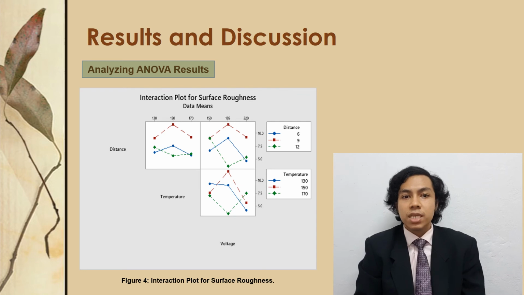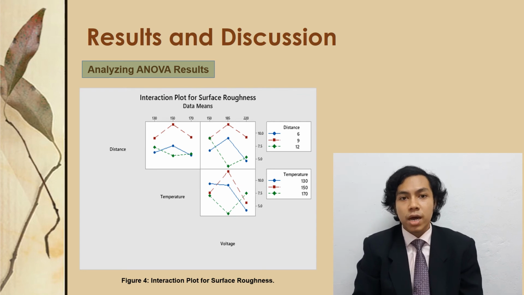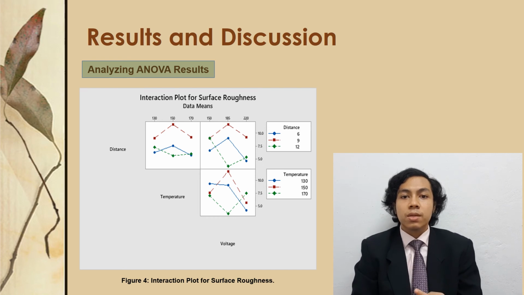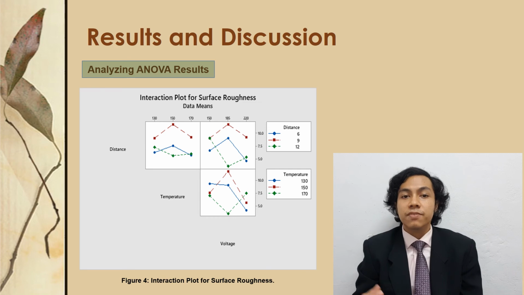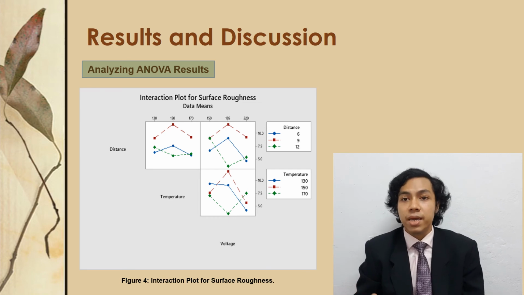Lastly, for the voltage setting of 150 volt to 185 volt with a notable drop at 220 volt, this finding is actually a future research exploration opportunity to further investigate the effect on the surface roughness value in this aspect.